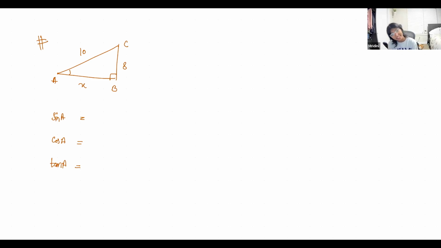That's X. I need to find out first. For this unknown value AB, I need to use the Pythagoras theorem.